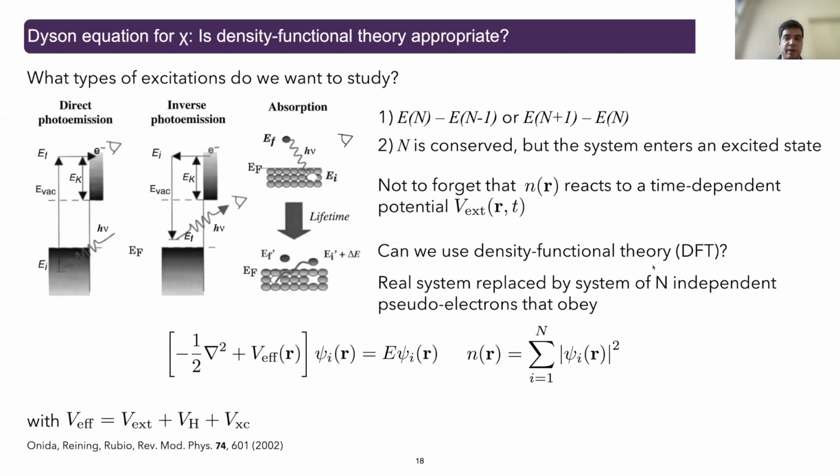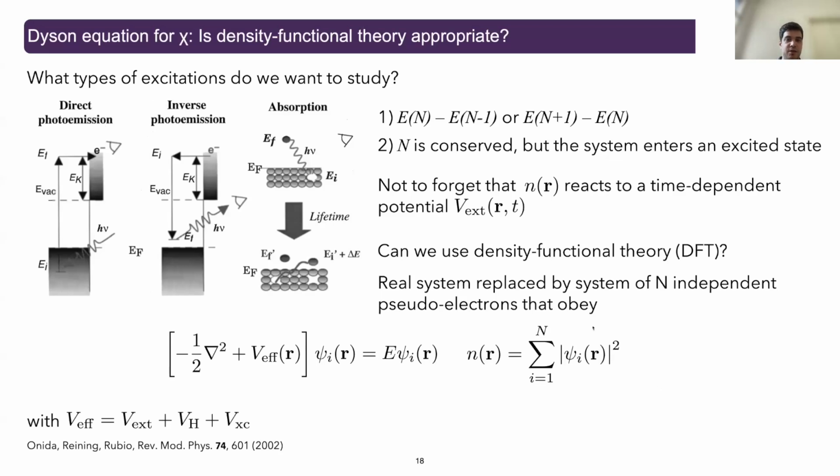First is the kind of experiment that we want to study. Does it remove an electron or add an electron, like in photoemission and inverse photoemission? Or does it preserve the number of electrons, like in absorption, but creates an excited state? Also, we should remember that the theory we choose has to be able to describe how a density reacts to a time-varying external potential. So how about density functional theory, DFT?